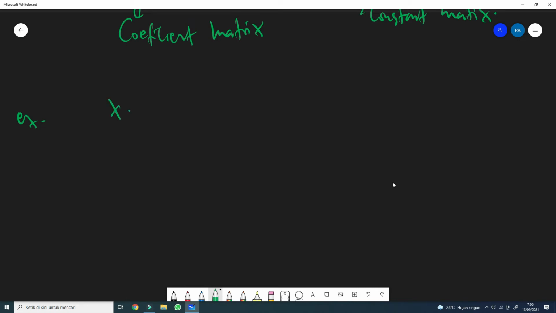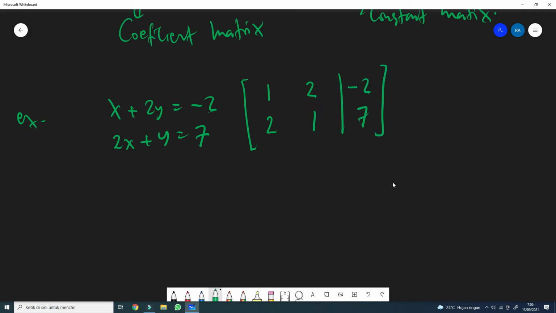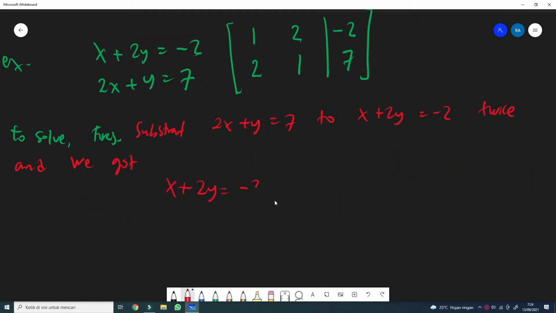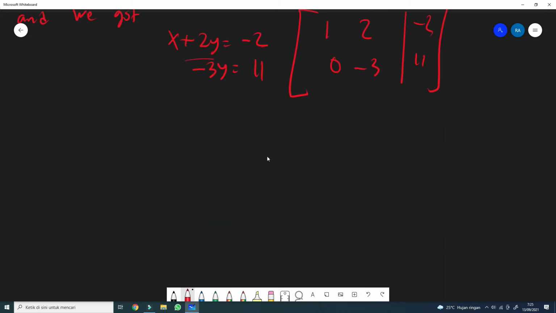For example, we have x + 2y = -2 and 2x + y = 7. So our augmented matrix is like this, and to solve, we subtract the row twice, and we got the result like this, and the augmented matrix like this.